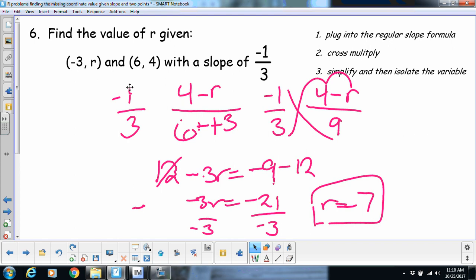Watch. You have negative 1 over 3 equals r minus 4 over negative 3 minus 6, right? So you have this. When you cross multiply, you have this. With the 9. That's why. So you should have had positive 21 at that point, which still gives you positive 7.